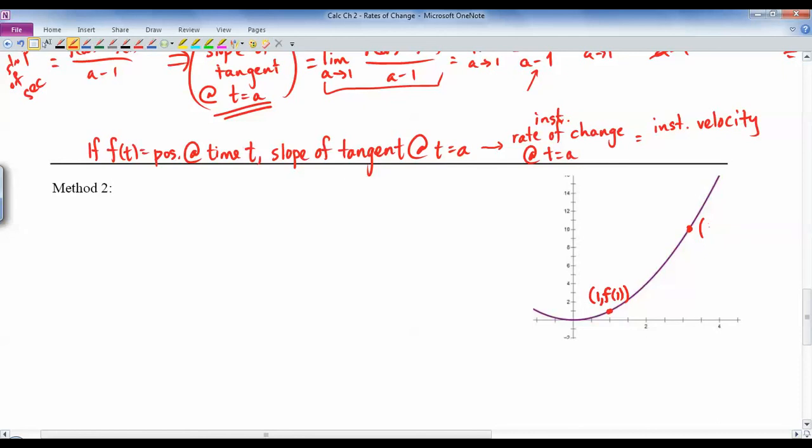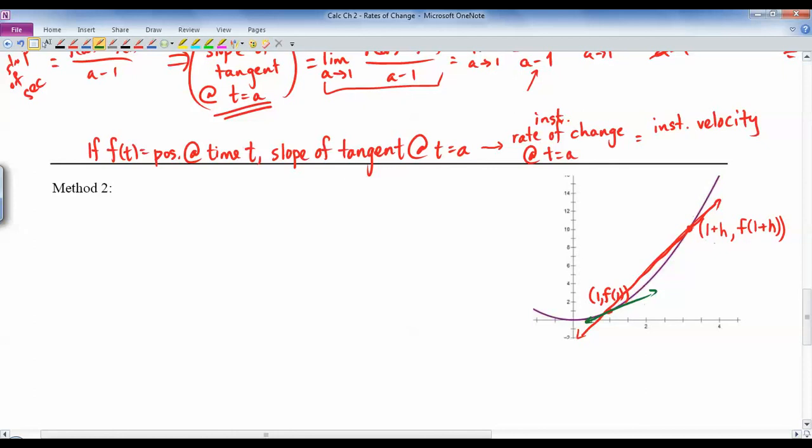But instead of calling it f of a, I'm going to call it 1 plus a little bit, because it's over to the right of 1. And I'm going to say f of 1 plus a little bit. And so the slope of the line that I'm looking at is this secant line right here, right? Not the straightest line, but you get the idea. And I'm trying to figure out how to turn that into this tangent line instead.